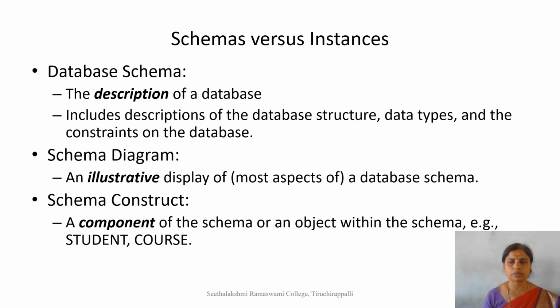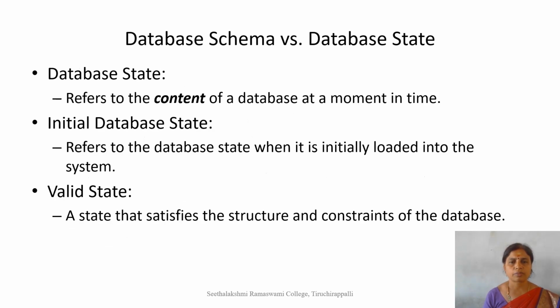Example, student and course. What is the difference between database schema and database state? Database state refers to the content of a database at a moment in time. Initial database state refers to the database state when it is initially loaded into a system. What is a valid state?